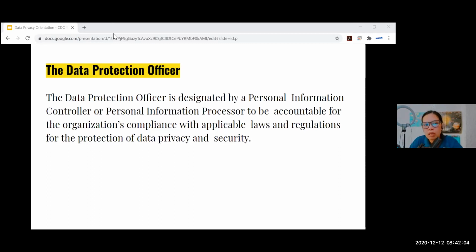Prior to the data protection officer writing policies and recommending policies, best practices, and standards, before the DPO even gives out a recommendation, the PIC should initiate the conduct of that privacy impact assessment. A good example of this was the Comelec issue.